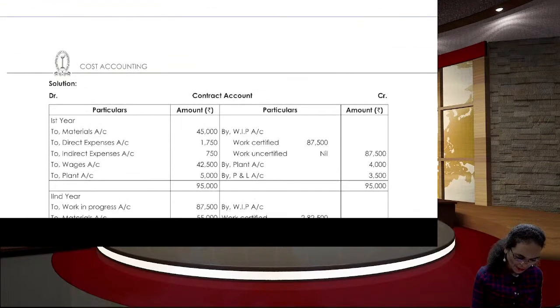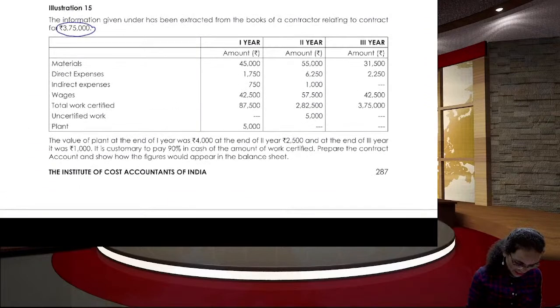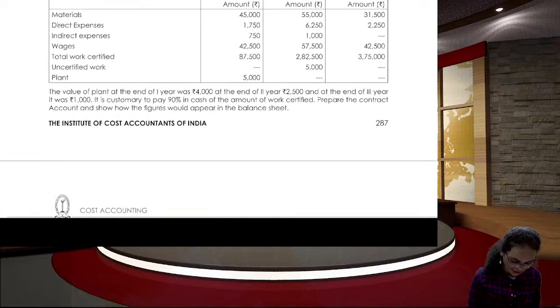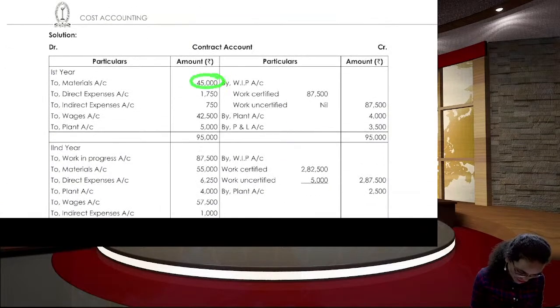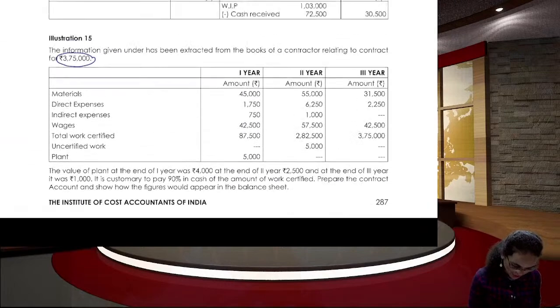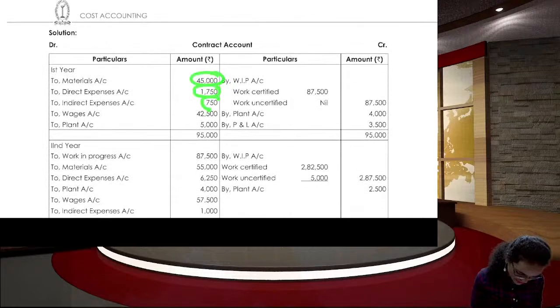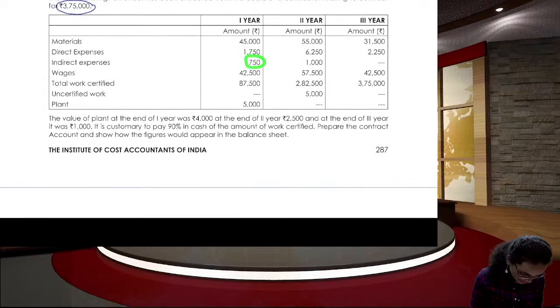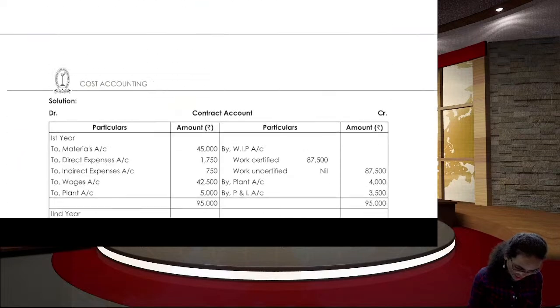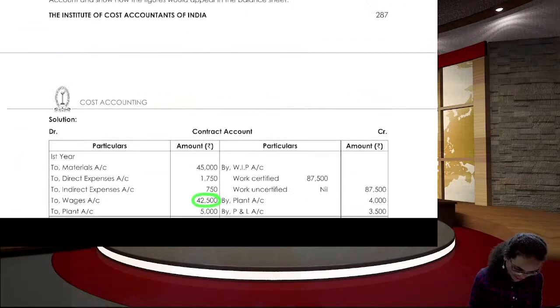Okay, not an issue. We can prepare. See, I'll show from here, for the 1st year. Material 45,000, direct expenses 1,750. Next, indirect expenses 750. Wages 42,500.